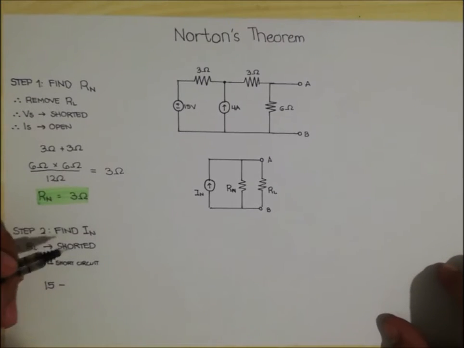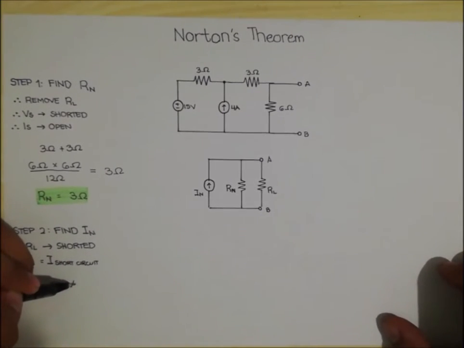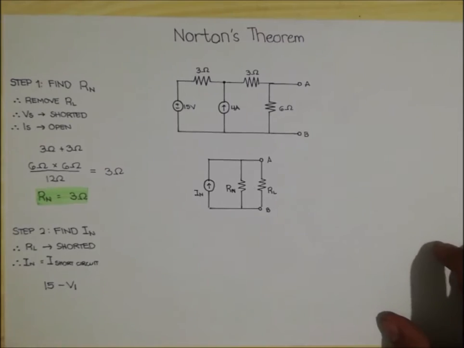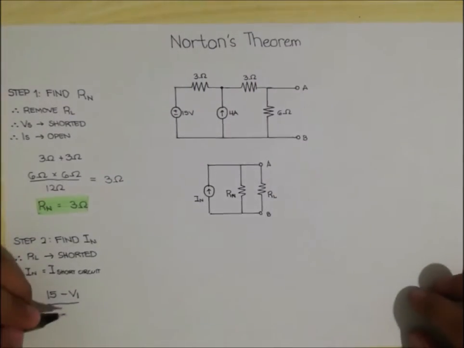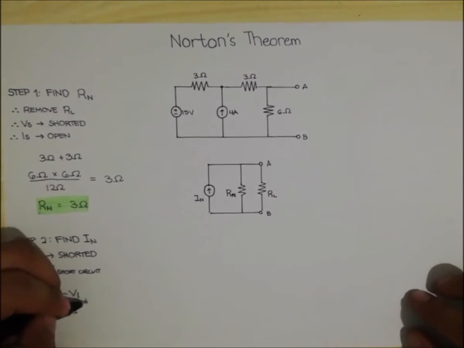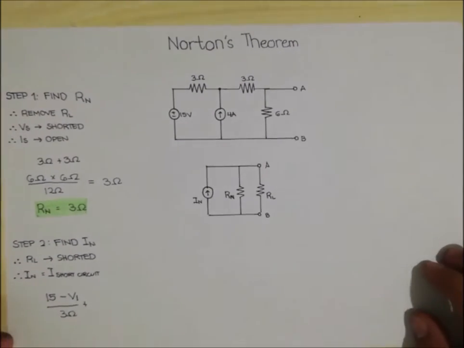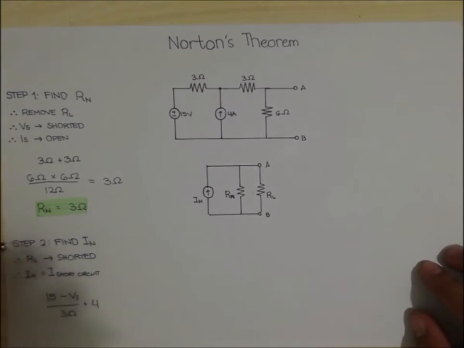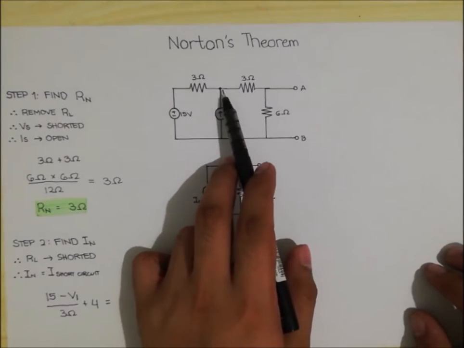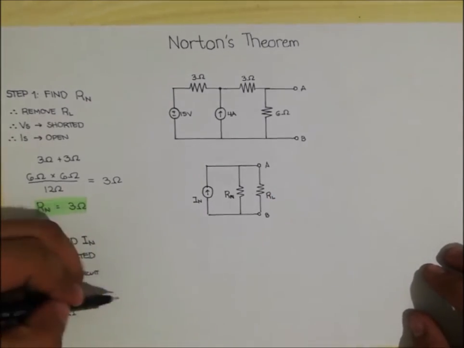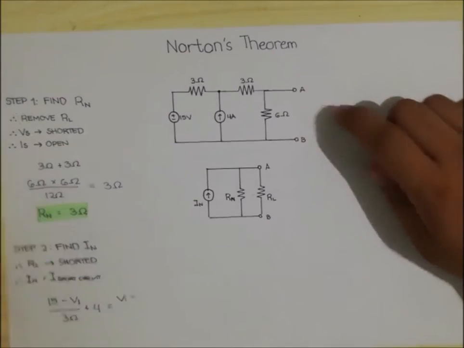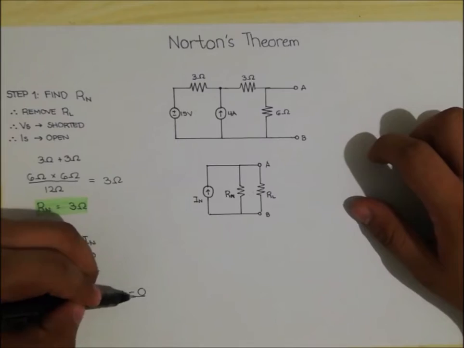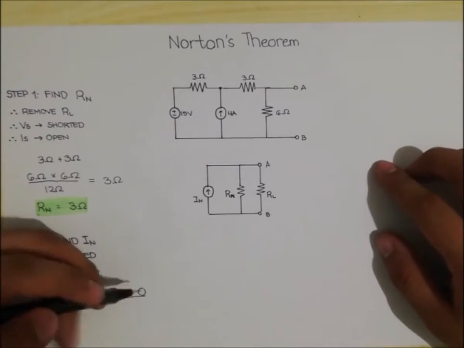That is 15 volts minus the voltage on the node. Let us assume that is V sub 1, over the 3 ohm resistor, plus the 4 ampere current, equals that voltage on that node V sub 1 minus 0 volts over 3 ohms.